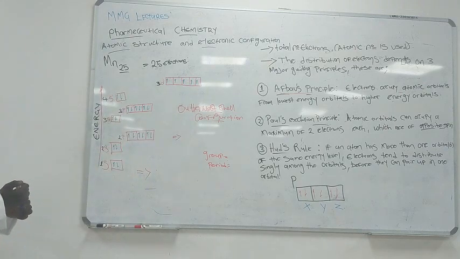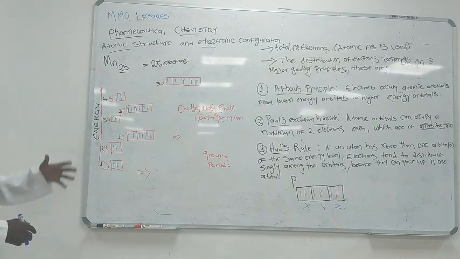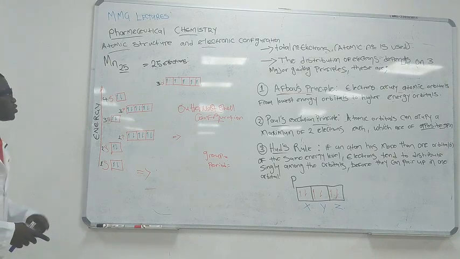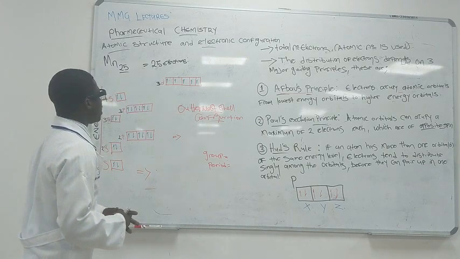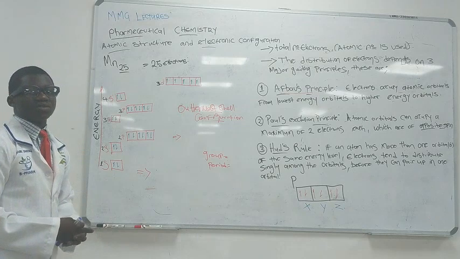Alright, so the above illustration is showing the electronic configuration of manganese. Manganese has 25 electrons, and the final orbital to be occupied is the d orbital, which has a maximum of 5 electrons.